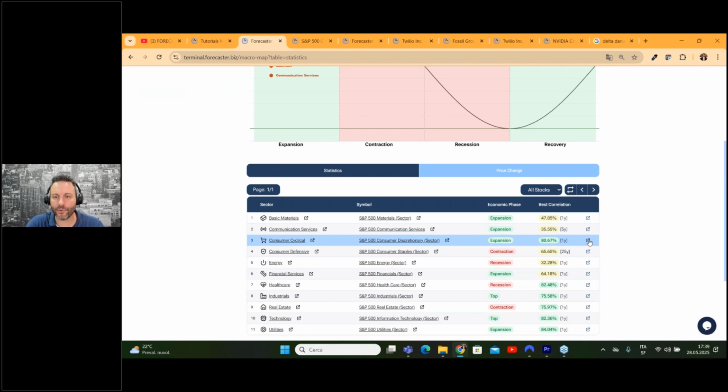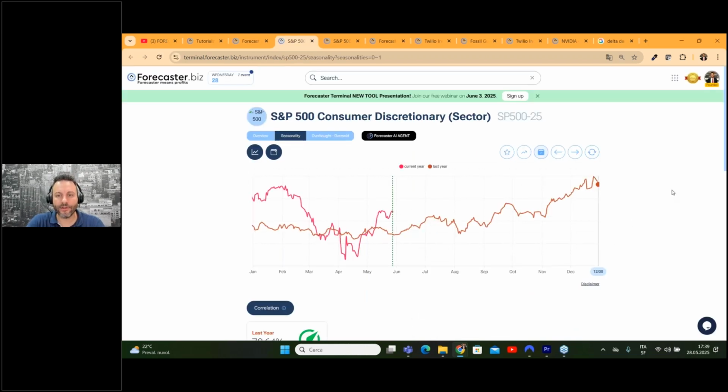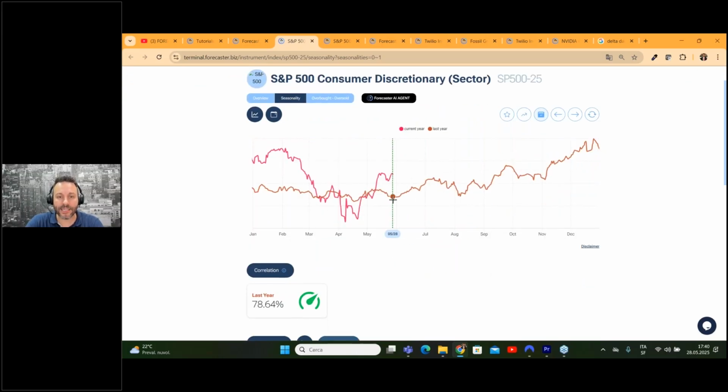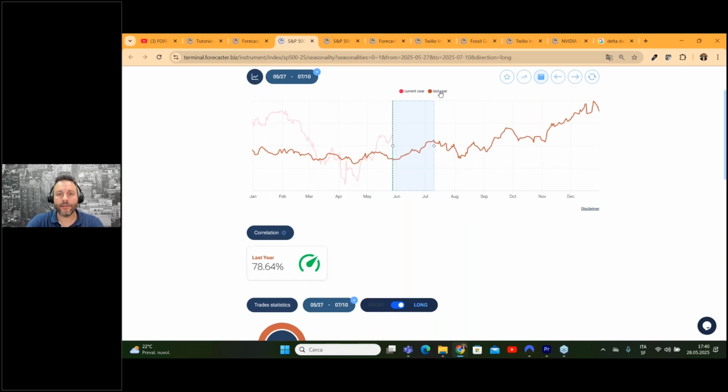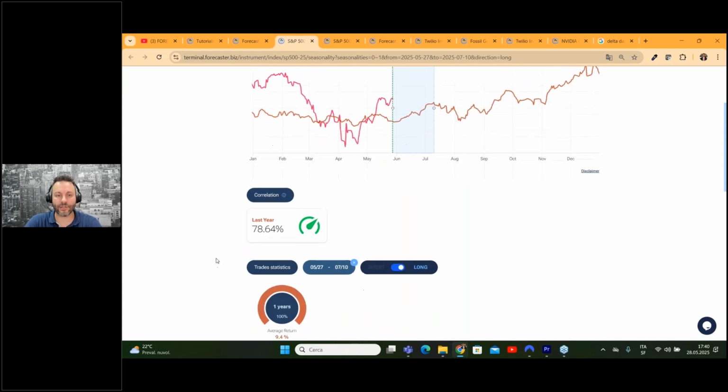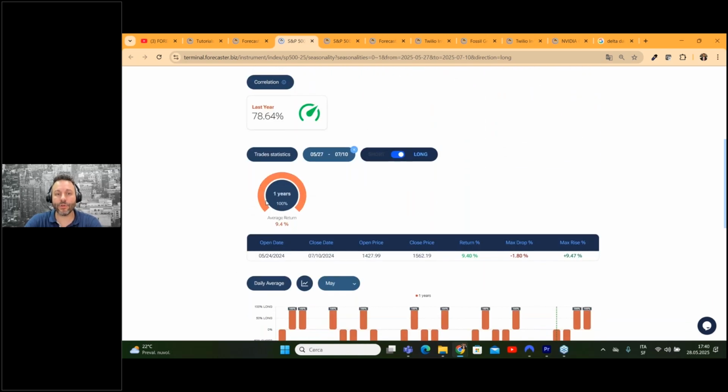If you click this button, you can find the chart of the S&P 500 sector index. This is exactly the consumer discretionary sector put on chart. And as you can see, for example, you can highlight a specific period, for example last year, which is the year with the highest correlation, okay? And you can see what we can expect.